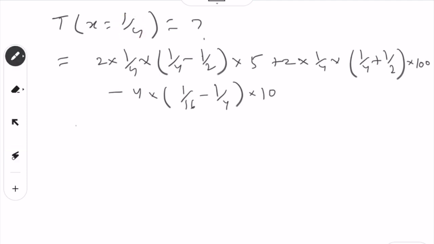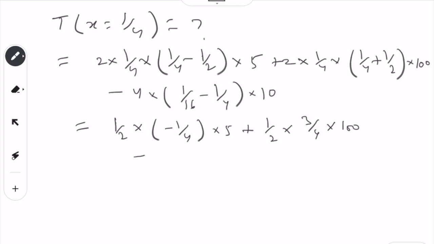So it will be equal to half multiplied by minus 1/4 multiplied by 5, plus half into 3/4 multiplied by 100, minus 4 multiplied by minus 3/16 into 10.